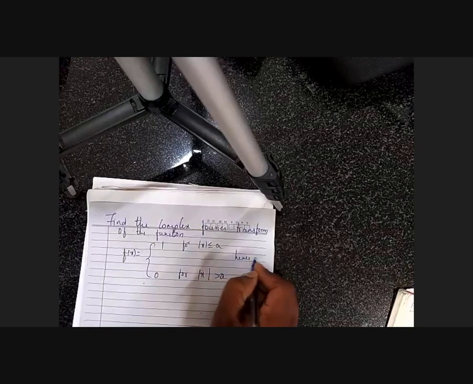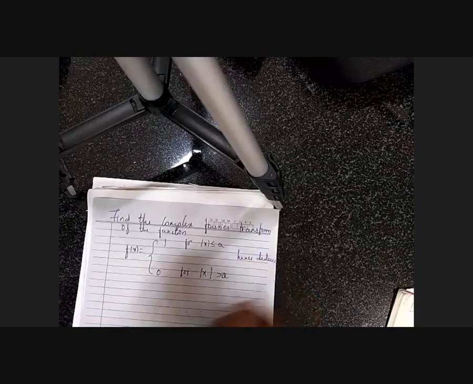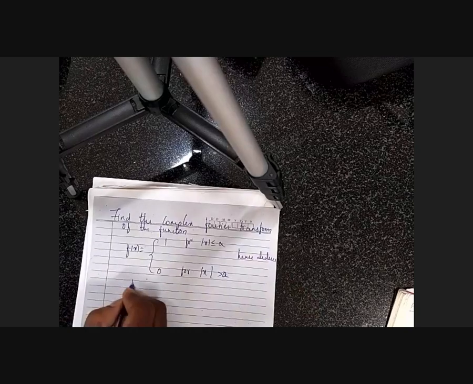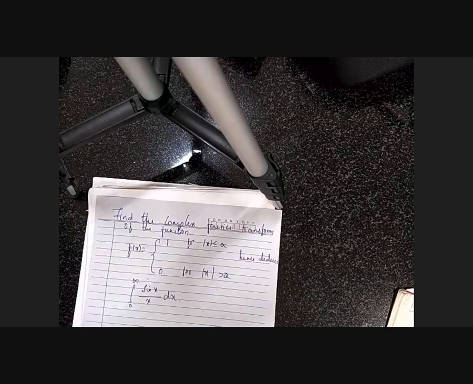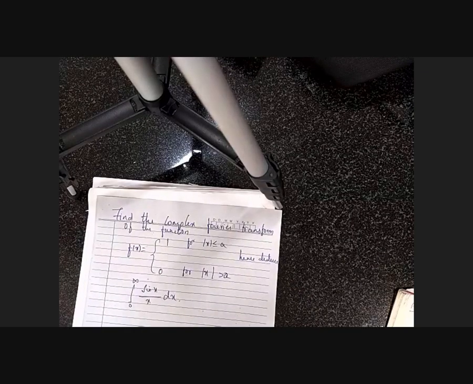Hence deduce the integral from 0 to infinity of sin x by x dx. And share these notes, Nimesh notes.